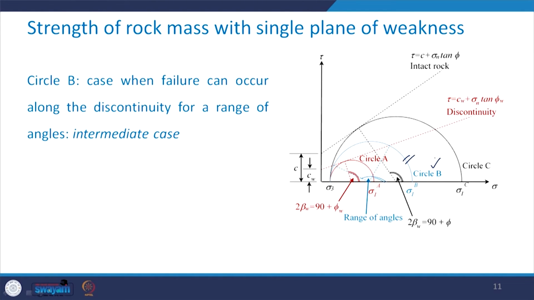Please understand this carefully, focus on this figure. This is the circle corresponding to any state of stress which is the intermediate case between circle A and circle C. Now, from the center, we draw two lines, one joining this intersection of circle B with the discontinuity envelope at this location and another at this location. So, I have these two lines.